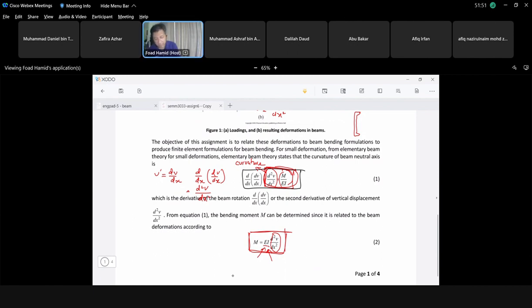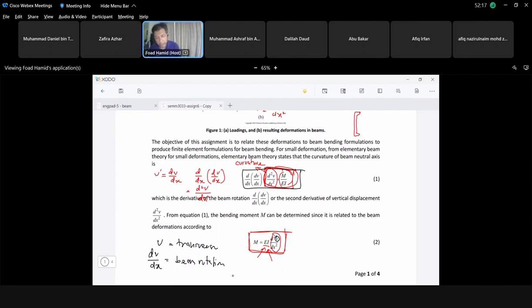Note that this is V. We know what V is. We can find V, and we can also find dV/dx. V is what we call the transverse displacement. This one is the rotation, the beam rotation. These two are the physical deformations that we can find.